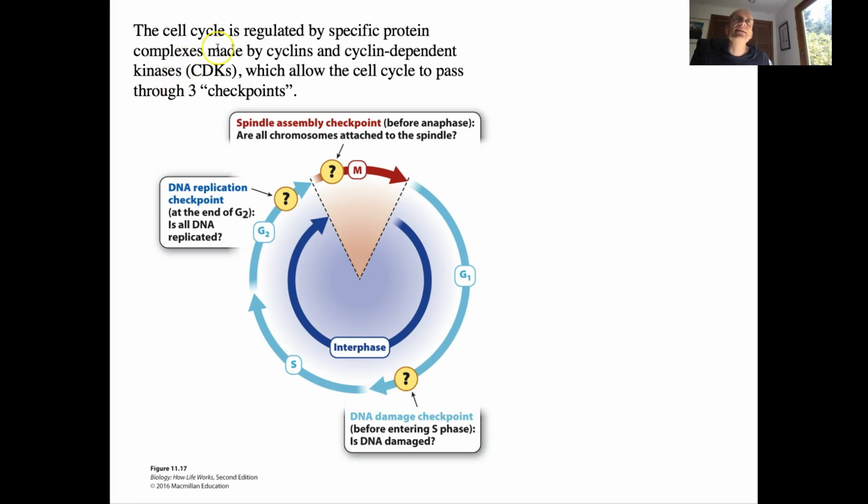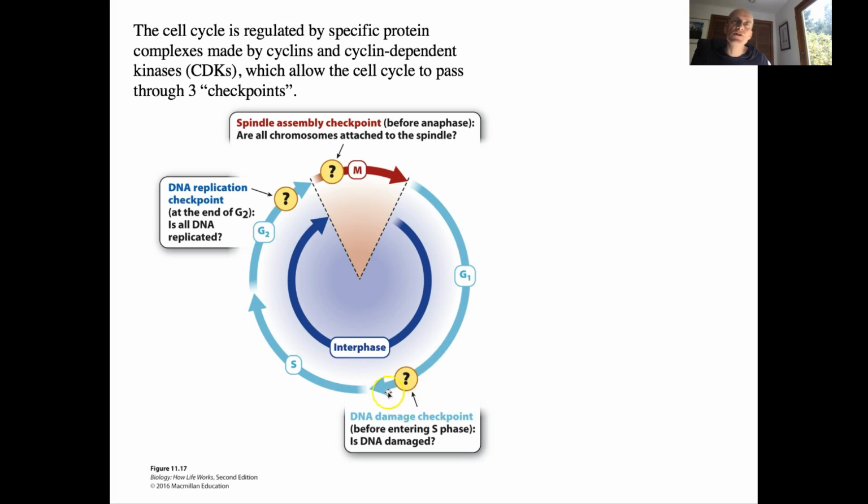So I say here the cell cycle is regulated by specific protein complexes made by cyclins and cyclin-dependent kinases, which allow the cell cycle to pass through 3 checkpoints. And so that's what these question marks here are. There are certain checkpoints where something is checking whether or not the cell is ready to move into the next phase.